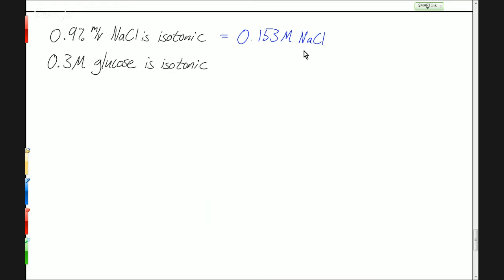How can that be? Mass by volume, we expect different things with different molar masses to have different concentrations. But molarity should be molarity because it's a count. It doesn't matter how much stuff weighs. So how could the count for sodium chloride be different than for glucose?